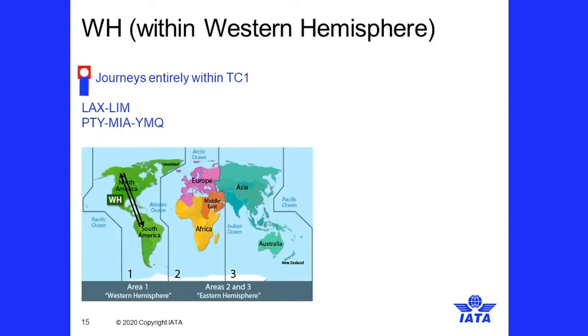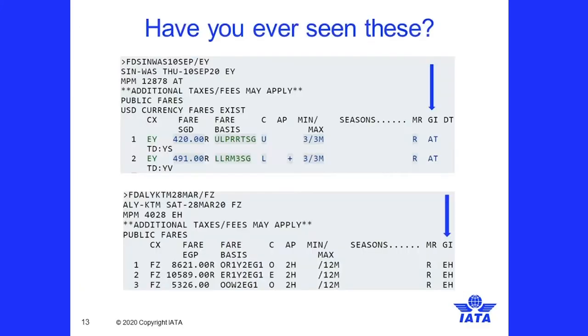The first global indicator is for all the fares that involve journeys entirely within Area 1. So wherever we have a fare to be constructed for journeys involving only Area 1, the global indicator that will appear in the fare display will be like here.